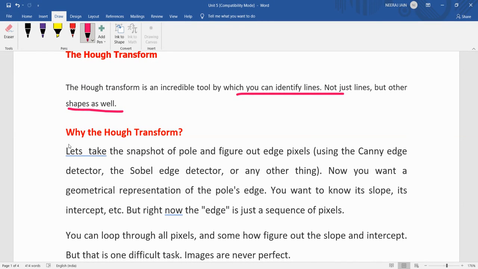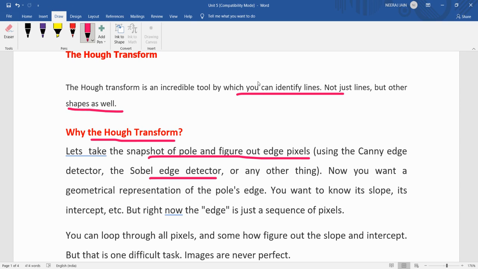Why is the Hough transform used? The reason for using the Hough transform, let us take an example. Suppose we take the snapshot of a pole and figure out the edge pixels. We have already studied several types of operators, like the Canny edge detector and Sobel edge detector, that can be used for finding the edge.